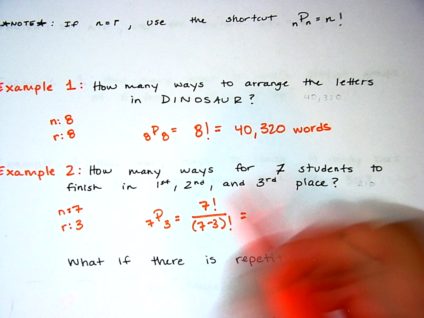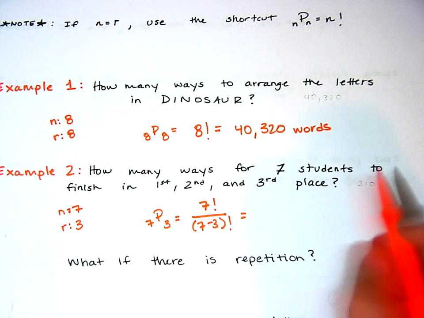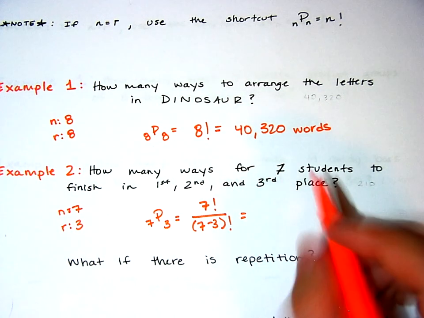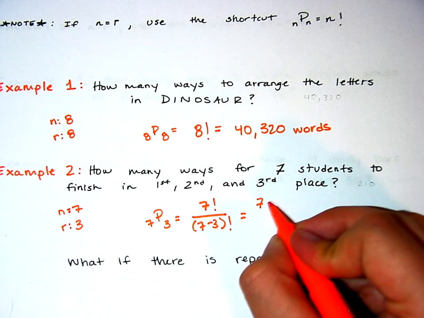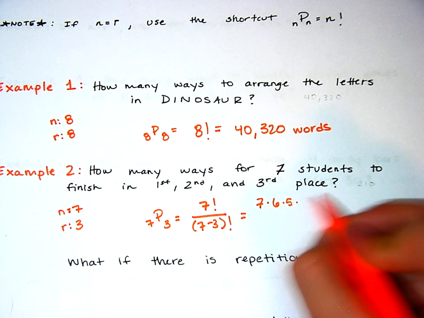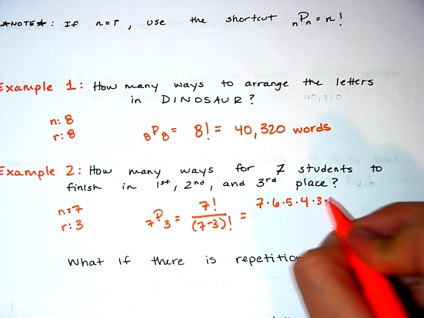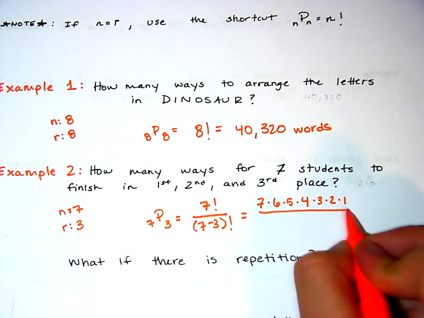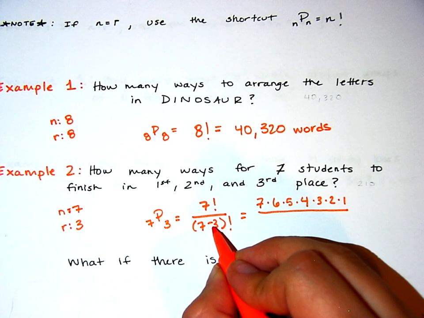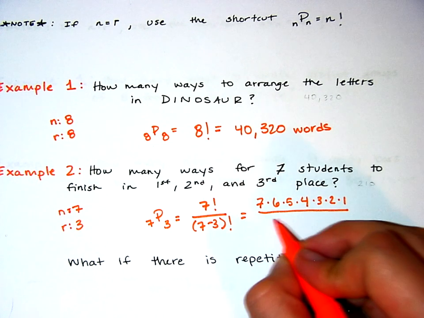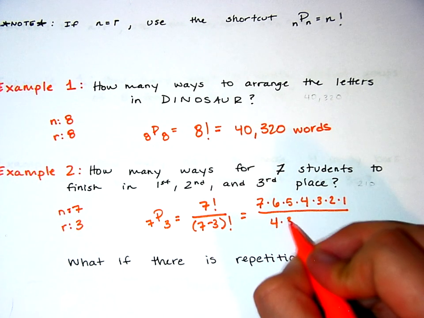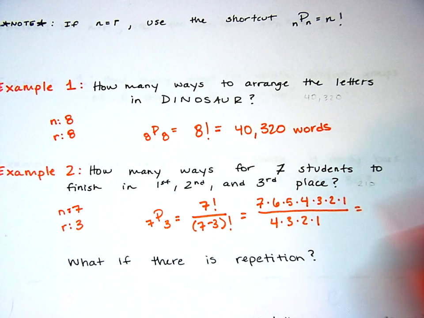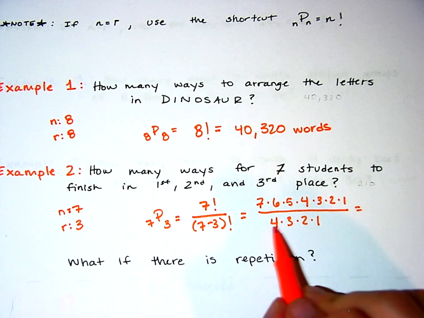All right, so on the top, I'm going to show you how to simplify this if you haven't seen this before. So this is 7 times 6 times 5 times 4 all the way to 1. And then 7 minus 3, remember you do parentheses first, that's 4 factorial. And then remember, all of these are multiplied and all of these are multiplied.